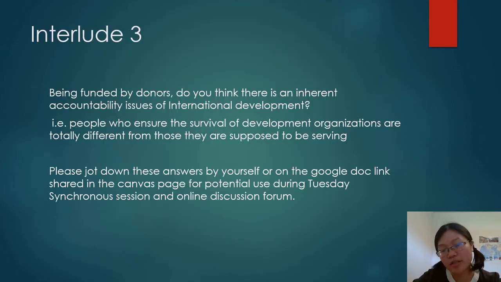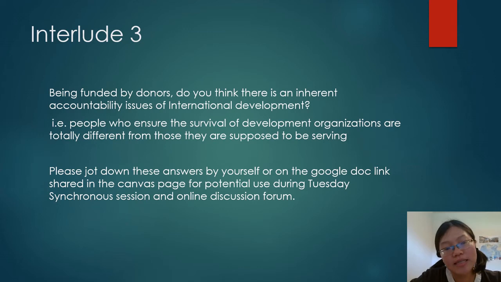So this is a third interlude. When looking at these questions and thinking about these questions, feel free to pause the video, because I have 2 more slides after that and I don't want to make it a separate final part of the lecture. So interlude 3 is to invite you to think about being funded by donors.